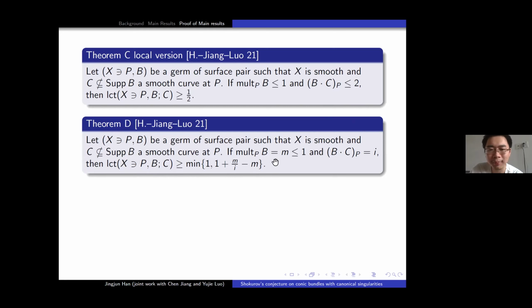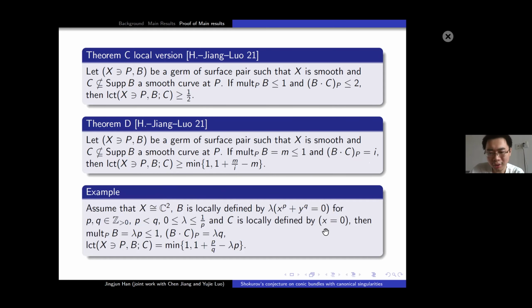In particular, if I is less than or equal to 2, then following from this inequality, I see that the log canonical threshold is larger than or equal to (1 minus m) over 2, which is larger than or equal to 1/2. So you can see that theorem D is a generalization of theorem C.